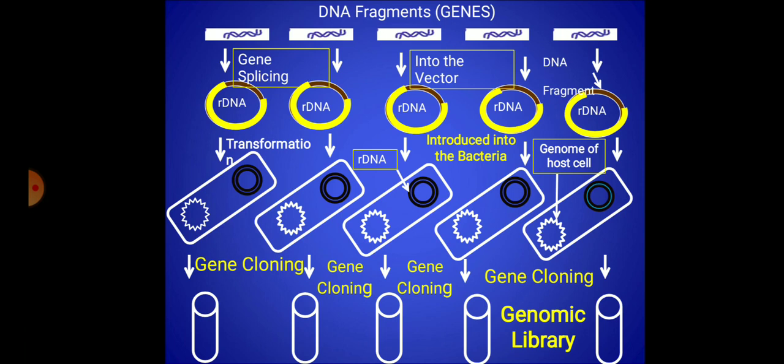Like that, if we get 4 or 5 genomic fragments, each genomic fragment is introduced into the plasmid, producing 5 rDNA molecules. All the rDNA molecules are introduced into the bacteria separately, making the bacteria transformed. Transformed bacteria are cultured in culture tubes to maintain the genomic library.